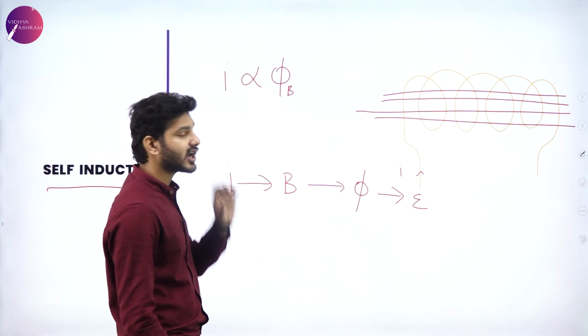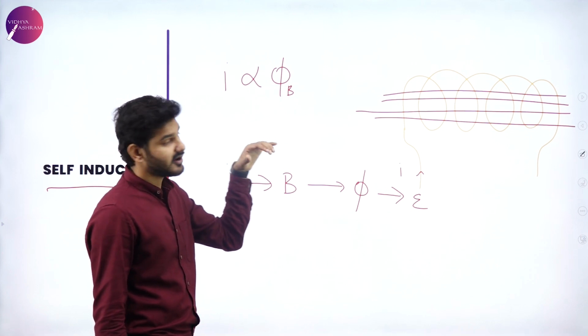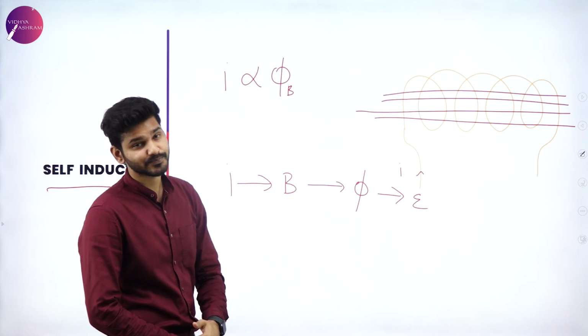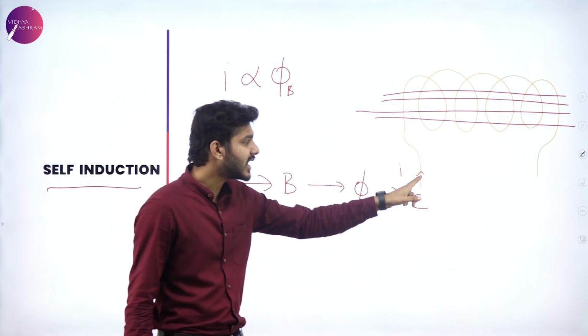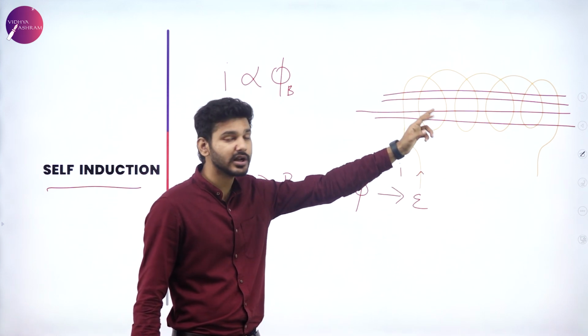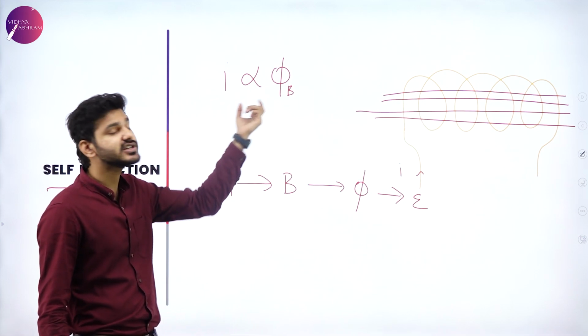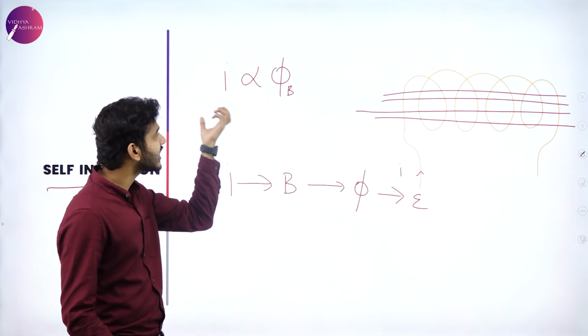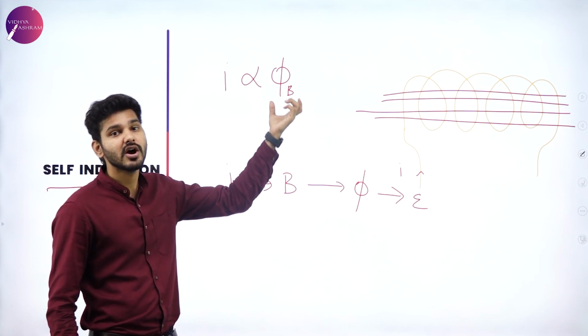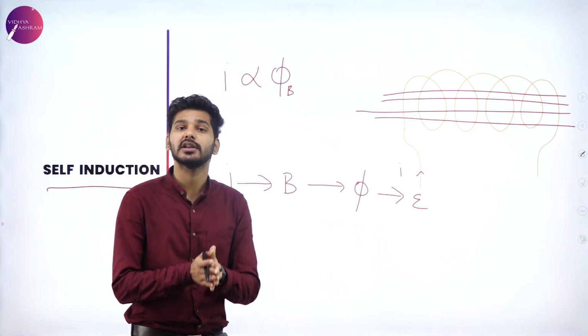Because if I increase the current, flux density will also increase. If I turn off the current passing through this coil, then flux density will go down to 0. So it is proportionally changing. So I can say that current is directly proportional to the magnetic flux linked with that coil.